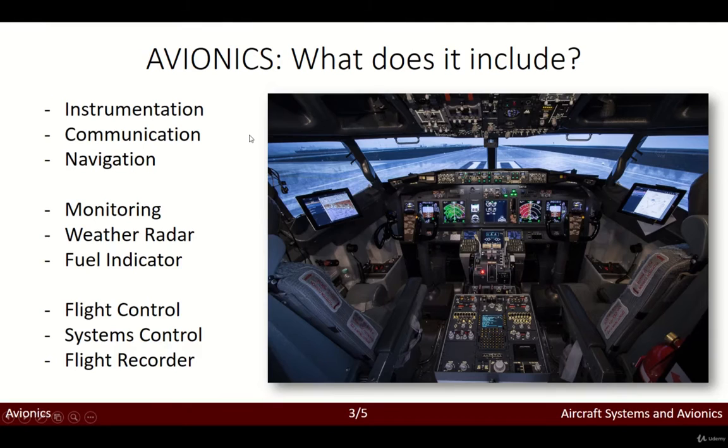So what does avionics really include? As I mentioned, it includes a lot of different stuff. But generally it includes instrumentation, as we've discussed throughout this course, and also communication instruments or systems, which allow for the communication from and to the pilot to the ground, so to the terminal, to the airport.